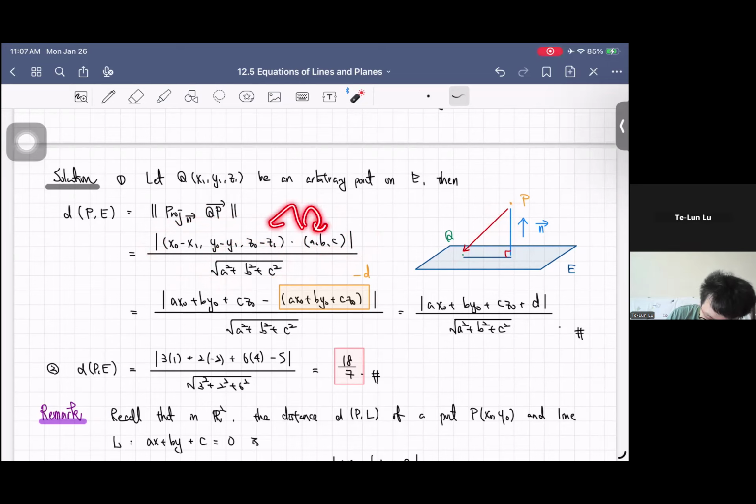If I take everything into account, I will have a x0, b y0, and c z0. Now I'm subtracting that by, sorry, I keep making typos here, this should be x1, y1, z1.